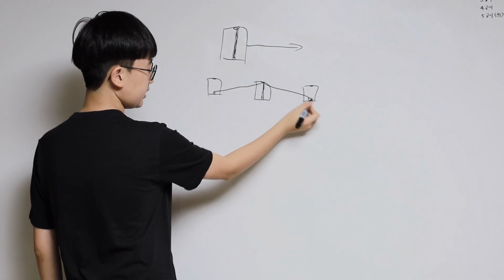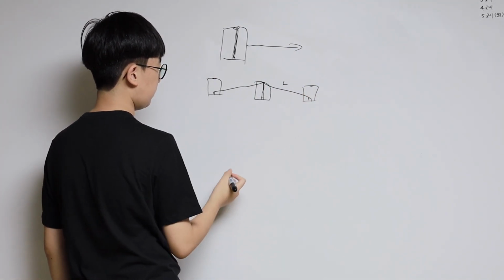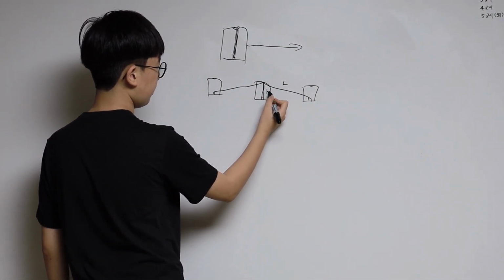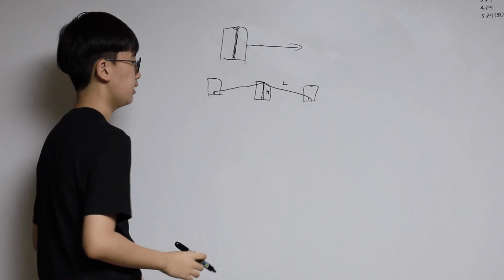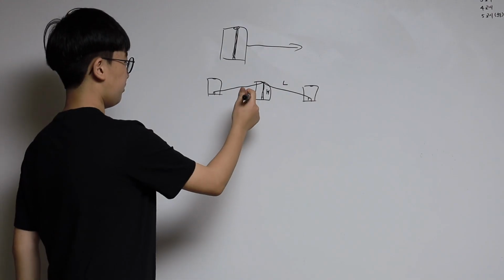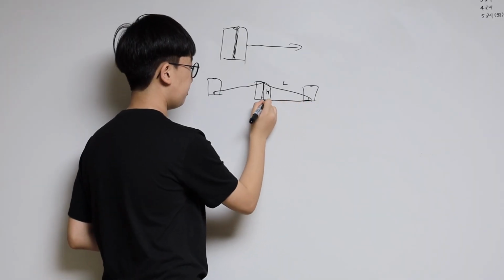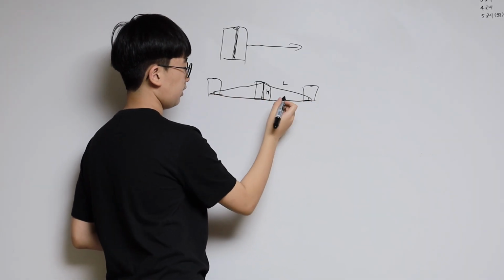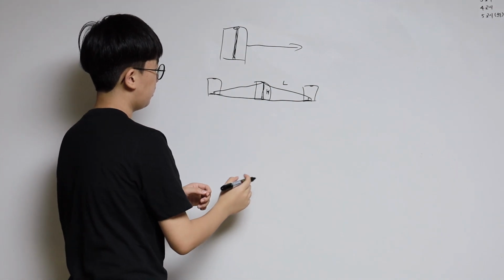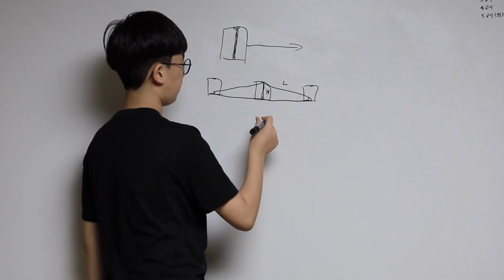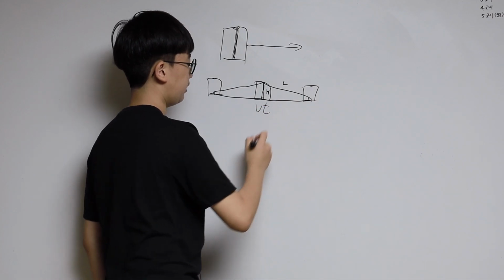Now we're going to call this line L, and this line H, because, well, it's the height of the box. And this bottom part of the big triangle, we will call it vt.